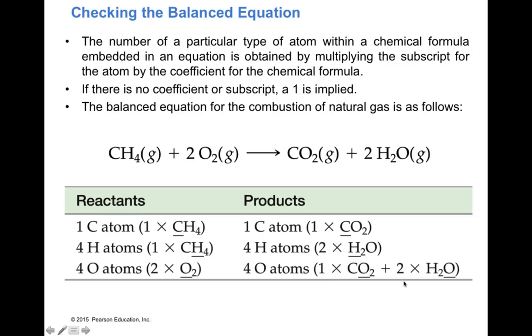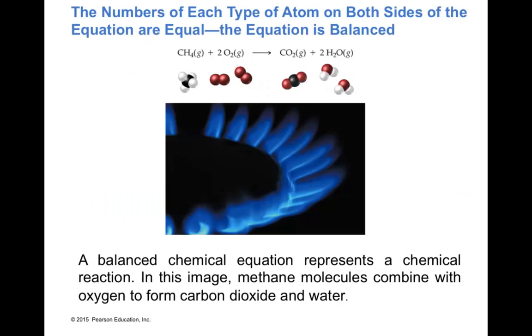So we have 4 oxygens in the reactants and 4 oxygens in the products. So the number of each type of atom on both sides of the equation is equal, and the equation is balanced.